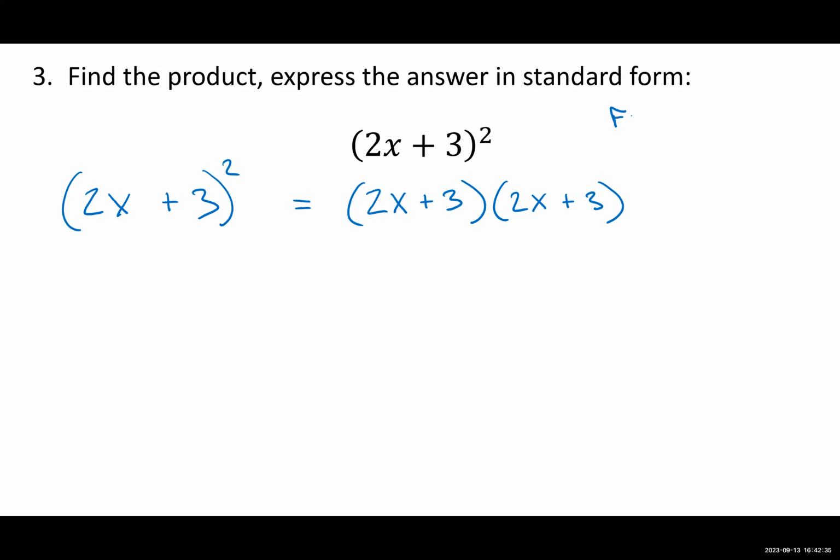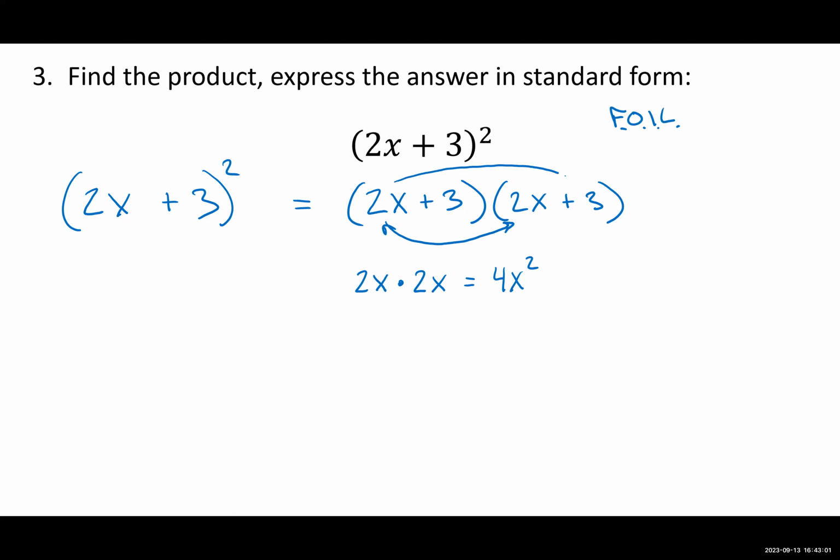And we can use the same FOIL method: first, outer, inner, last. First times first, 2x times 2x. Well, 2 times 2 is 4, and x times x is x squared. So 2x times 2x will be 4x squared.